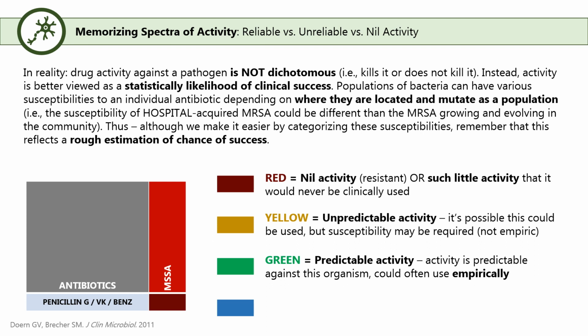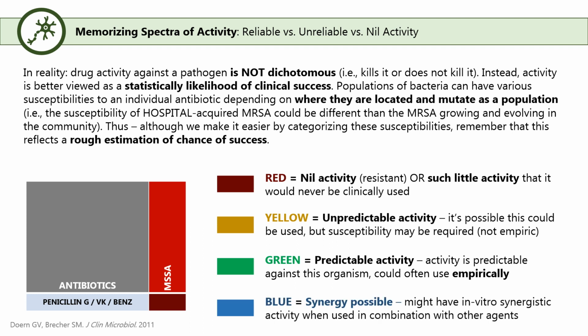I use yellow for unpredictable activity, that is, it may very well be that this antibiotic could be effective for this organism, but I might wait until the susceptibility report returns before prescribing. Lastly, I use a blue square for synergy possible. This means that there might be niche uses of this antibiotic for select cases in combination with other agents for clinical treatment. More on that later.